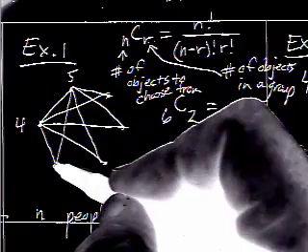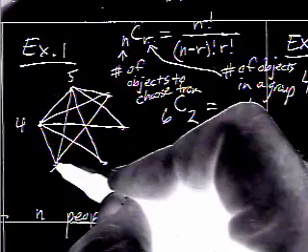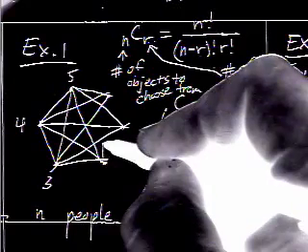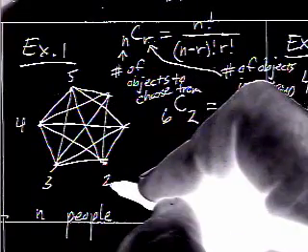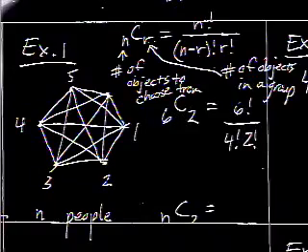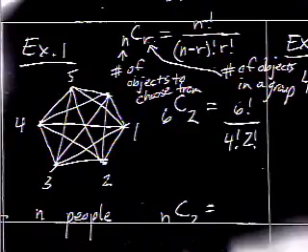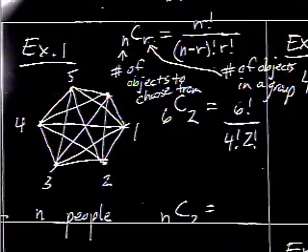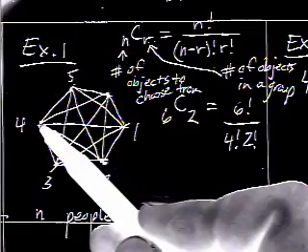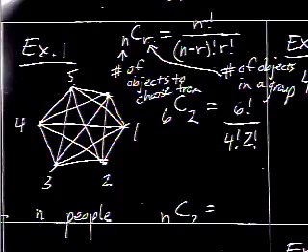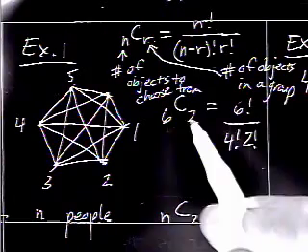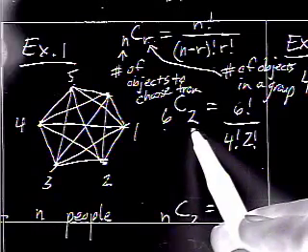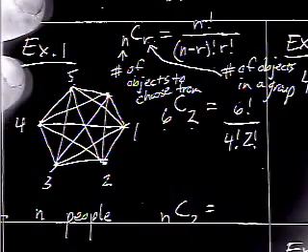This person is already shaking hands with these two, so they have 1, 2, 3 new hands to shake. This person has 1, 2 new hands to shake, and this person has a single hand that's new to them. This person right here has shaken hands with everybody, so they don't have any new ones to shake. So 5 plus 4 plus 3 plus 2 plus 1 is the same thing as 6 objects, and we're choosing a group of size 2.